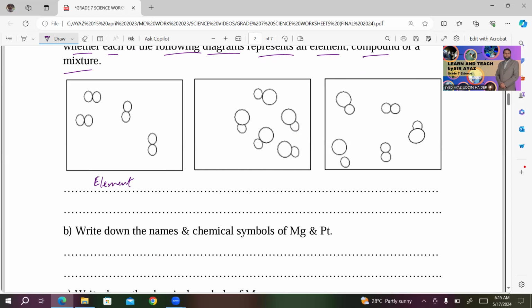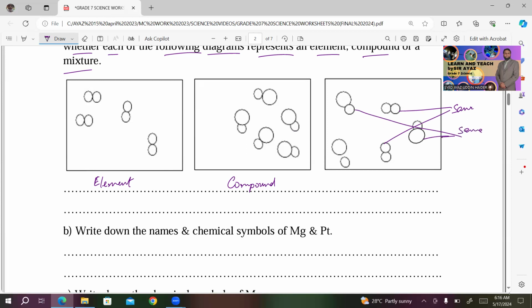If you look at the second diagram, you have different size circles. So it means they are representing a compound. In case of the third one, you can see different sizes of atoms joining together. So these two are same and these two are same.